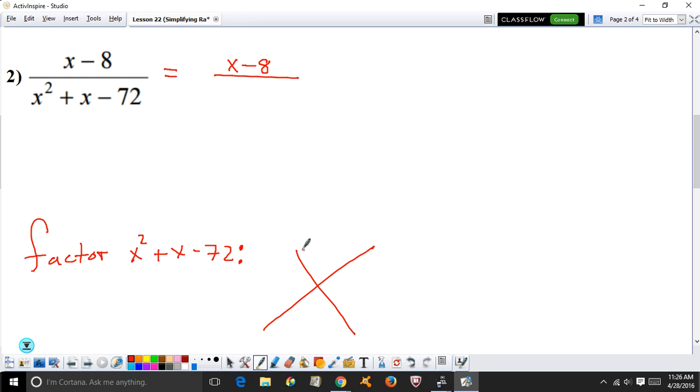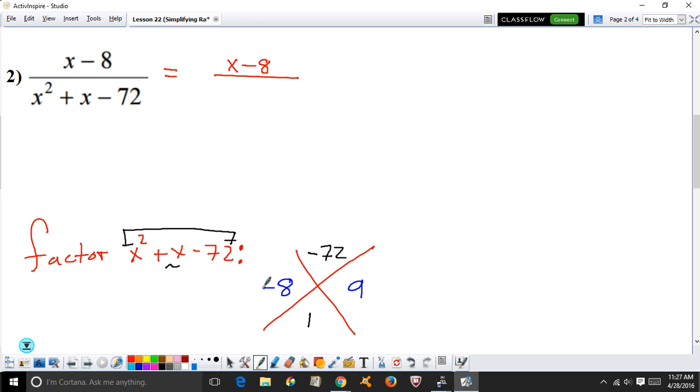Where the x method says the number that goes on top is the multiplication of the first and the last. So that's minus 72. Minus 72 times 1, minus 72. The number in the middle goes on the bottom. So now I need to find two numbers that if I multiply them gives me negative 72, and if I add them up gives me 1. 8 and 9 will do the trick.